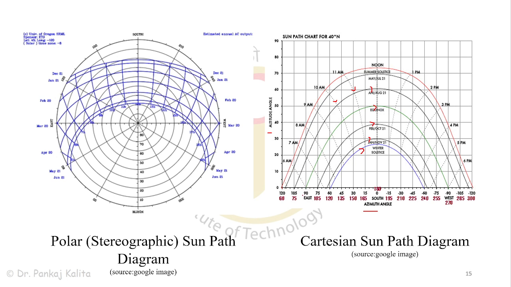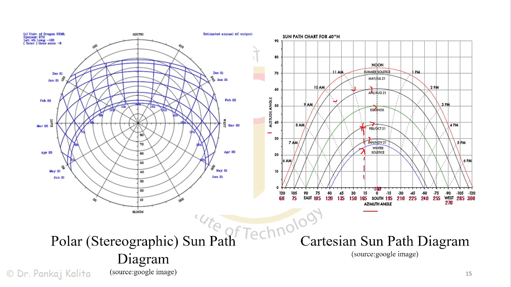So what we have to do is, for a particular day, say any day in February, at a particular time, say 11 a.m., we see the intersection of these two curves. This will be our point. We note this point, and corresponding to it, we draw perpendiculars to the x-axis and the y-axis.